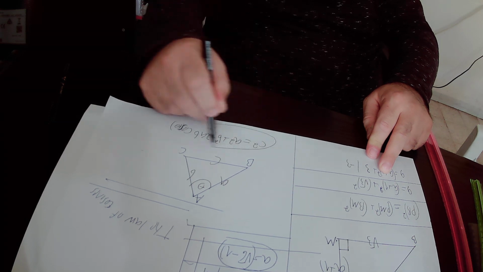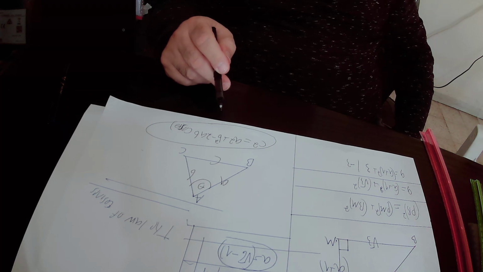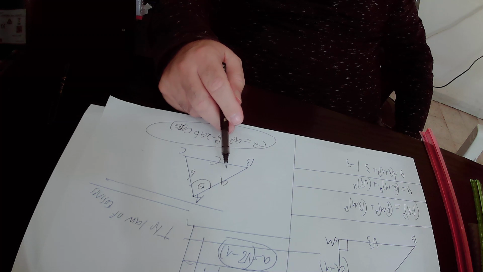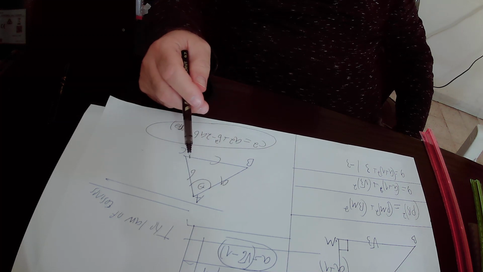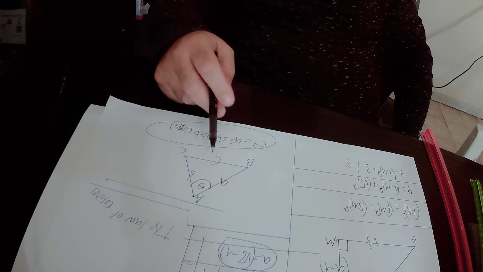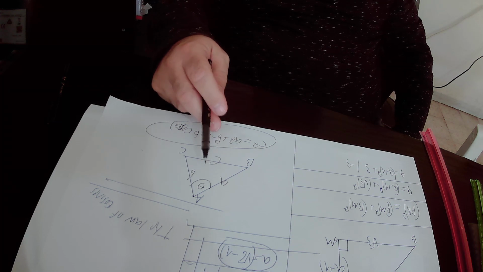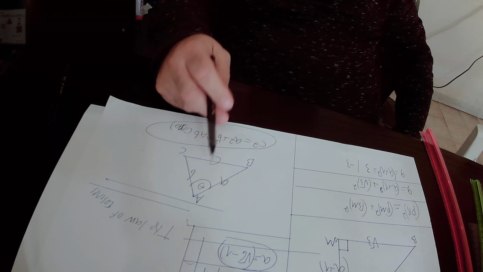Okay, repeat again, C squared, C is the length of side BC, equals A squared, A is the length of side AB, plus B squared, B is the length of side AC, minus 2 times A times B times cosine theta. Theta is the angle between side BA and side CA, or angle BAC in triangle ABC.